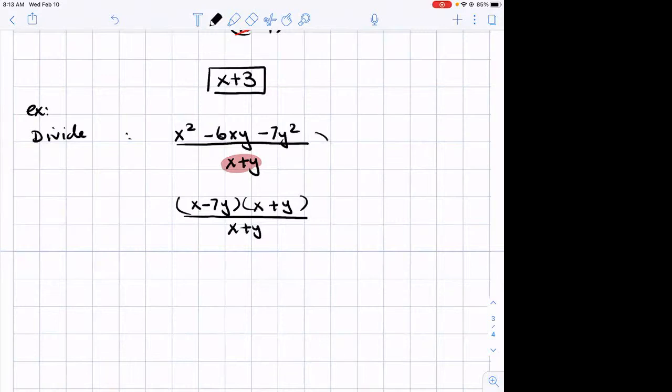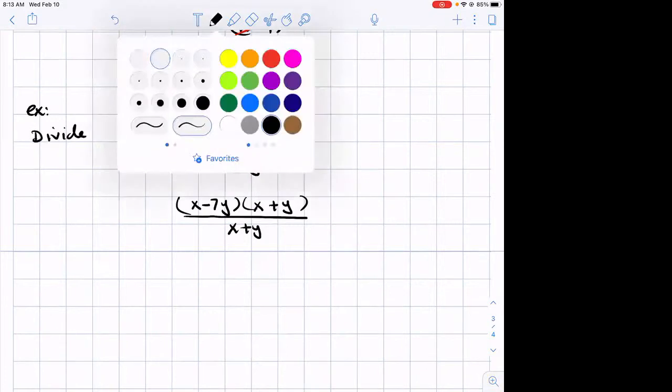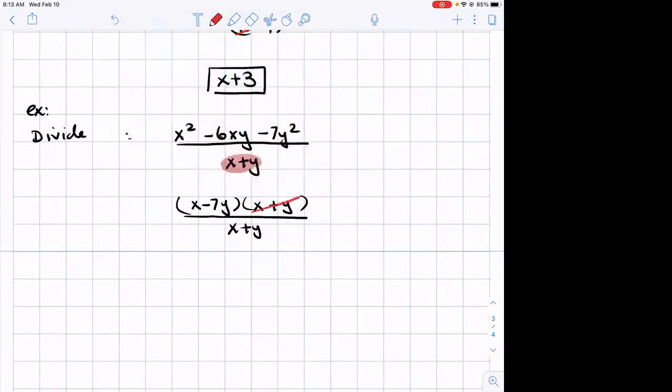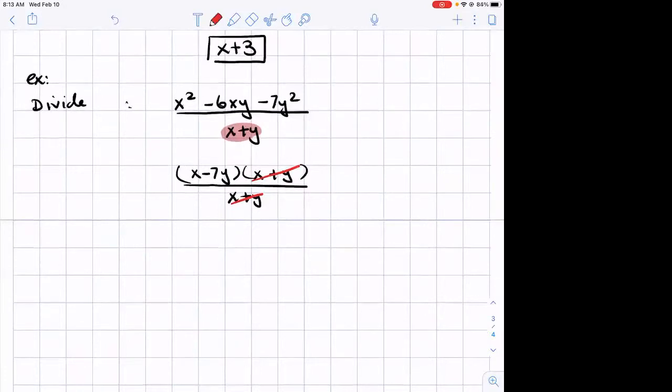So if you don't see this step from here to here, you can look back at the factoring video and see how we got to that step. Now, because this term is the same as that term, we can say that they cancel, and our final answer is x minus 7y. So this is the quotient or the answer.